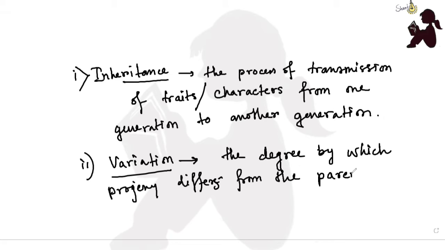So these are two basic concepts of genetics. Number 1 is inheritance, and number 2 is variation.